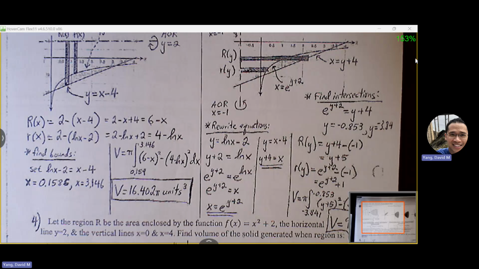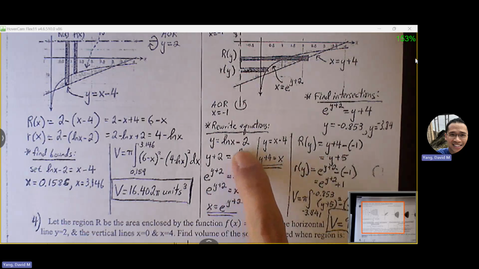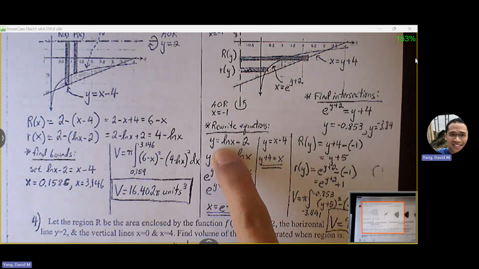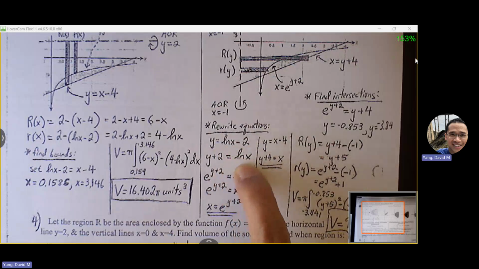And the next one is y equals natural log of x minus 2. And that one, we have to actually go through some exponential steps. So first, I would want to get that natural log of x by itself. So I do y plus 2 equals natural log of x. This is log base e, right?